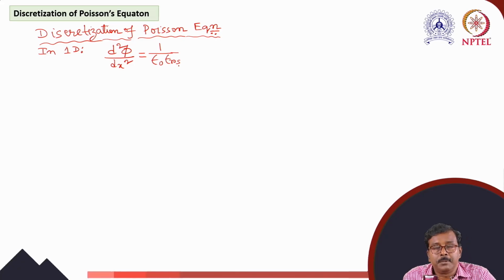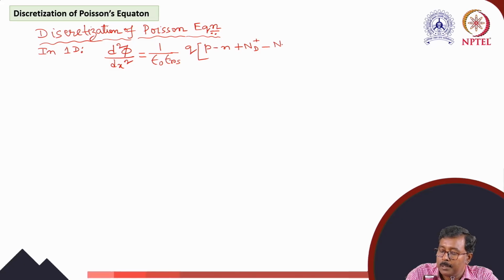By combining epsilon 0 and epsilon rs, it becomes epsilon 0 q times p minus n plus na plus nd plus minus na minus p plus nd plus minus n minus na minus.